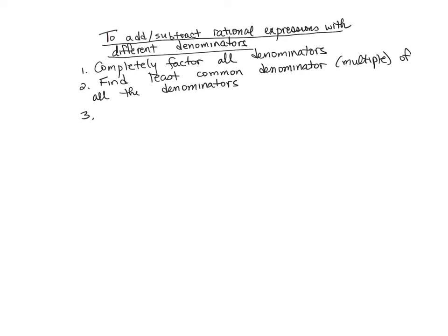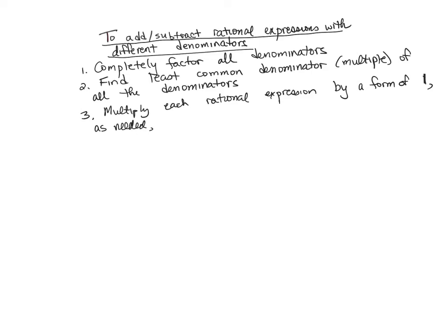And here comes the key. We multiply each rational expression by a form of 1 as needed to form the least common denominator.